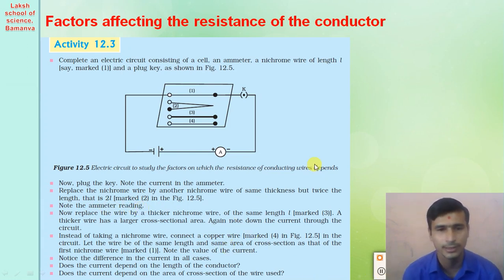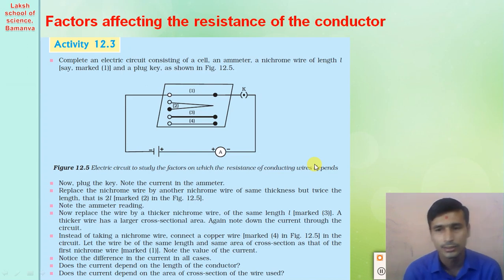So here the length of the nichrome wire is increased twice, double, right? We made the length of the nichrome wire, of the same material we used previously, double, and note down the ammeter reading. The current passing through this conductor decreases. The current passing through the nichrome wire is half.